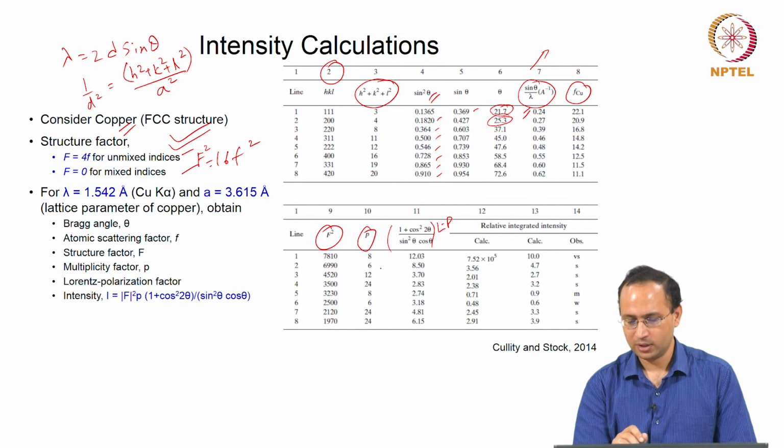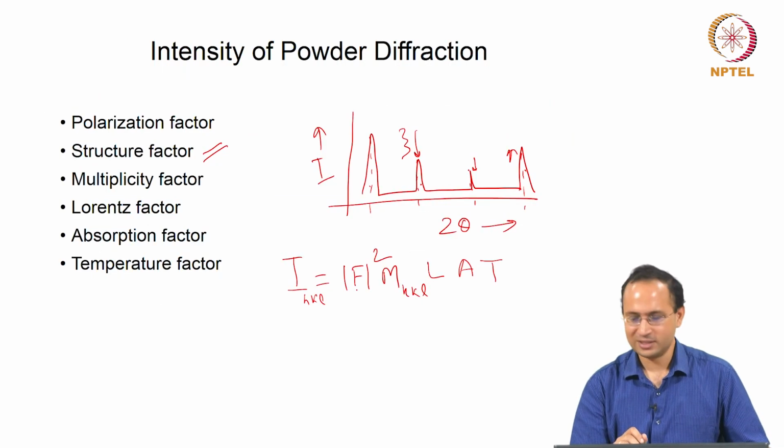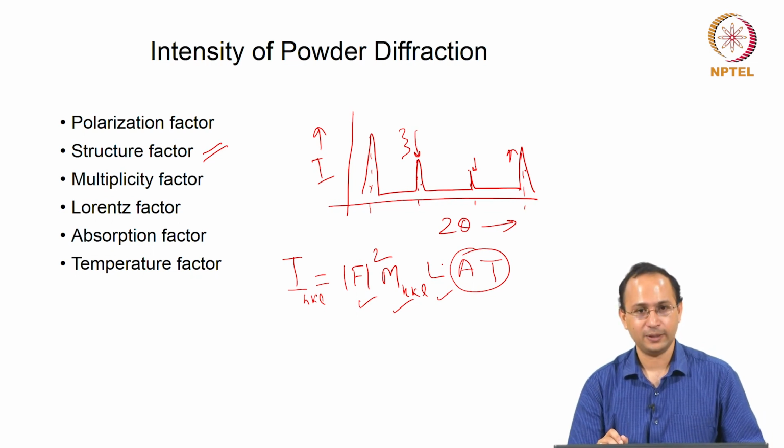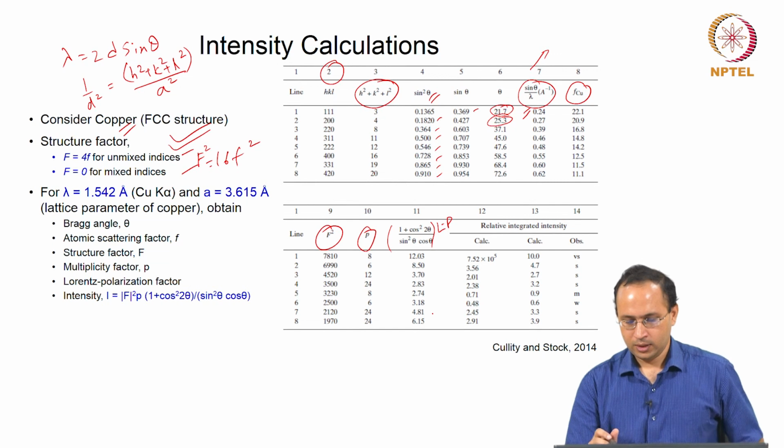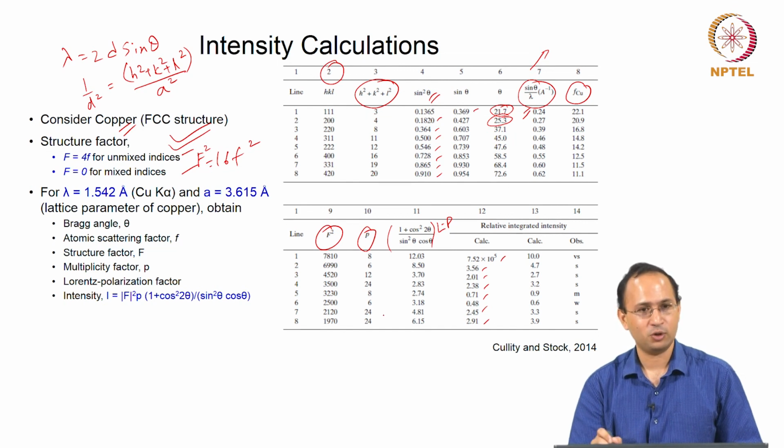You calculate the intensity: F square times P times the Lorentz polarization factor will give you the intensity. You just have to go to this equation, you know this, you know this, you know this. Let us not consider this for now. So, you get the calculated intensities as these ones. Simply you have to do multiplication.